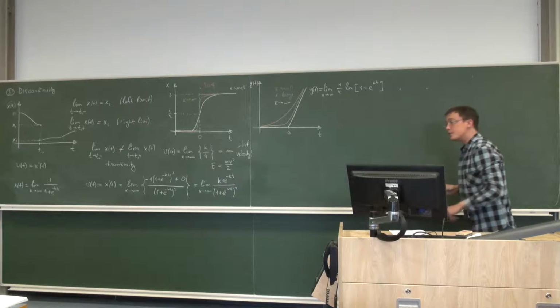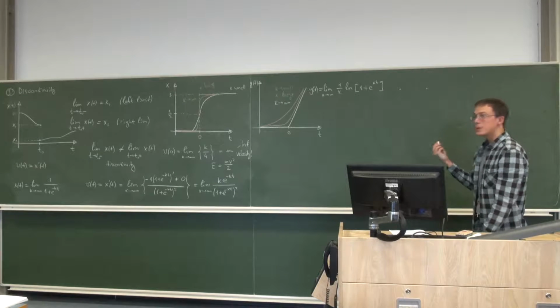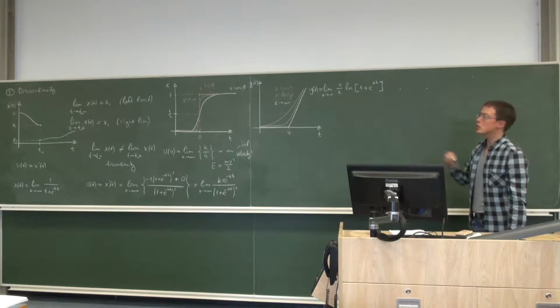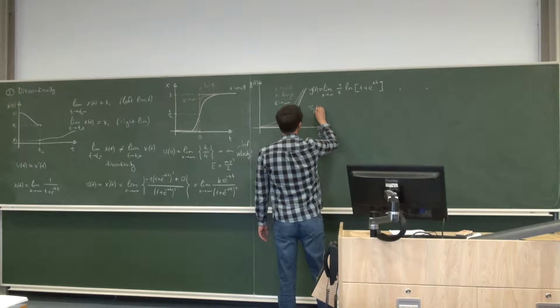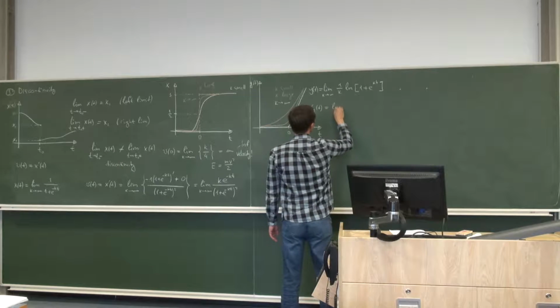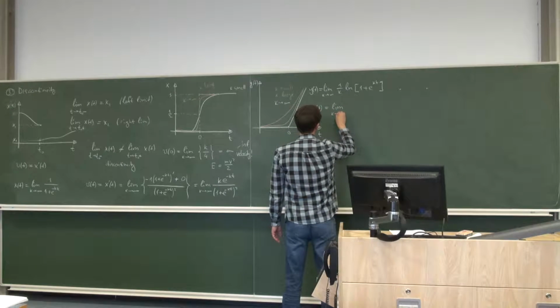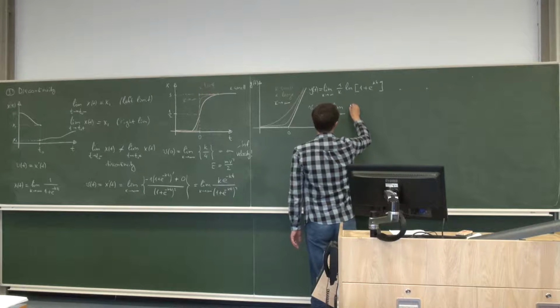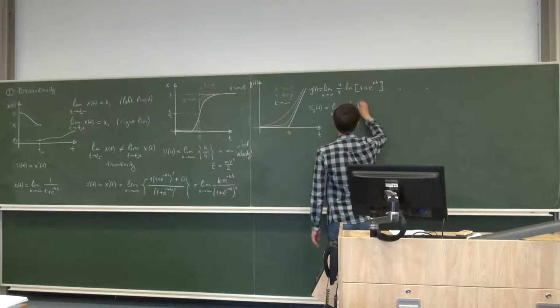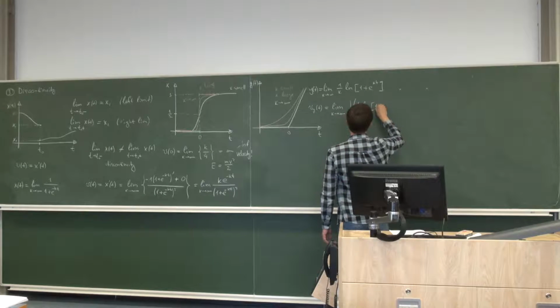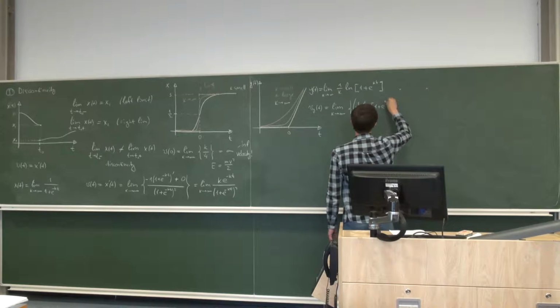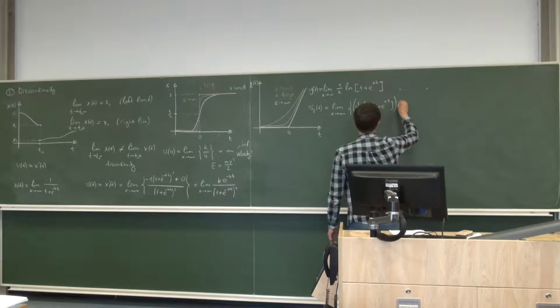Okay, so the velocity in the direction y would be the derivative of this, and why don't we just take that derivative? So the velocity in the direction y of t would be limit k going to infinity of 1 over k log 1 plus e to the kt, and then prime.